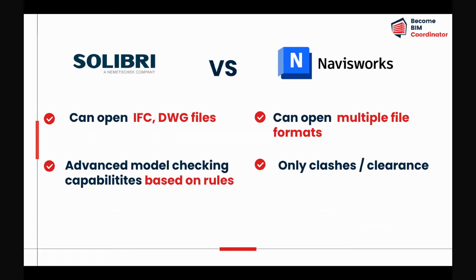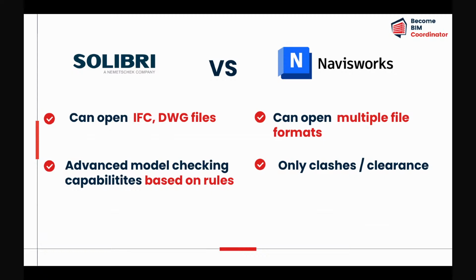So basically, when we work with Solibri, we need to use IFC files, period. Navisworks, in comparison, as I mentioned, uses multiple files, can open almost 50 different file formats. But on the other hand, Solibri has much more advanced model checking capabilities in comparison to Navisworks.